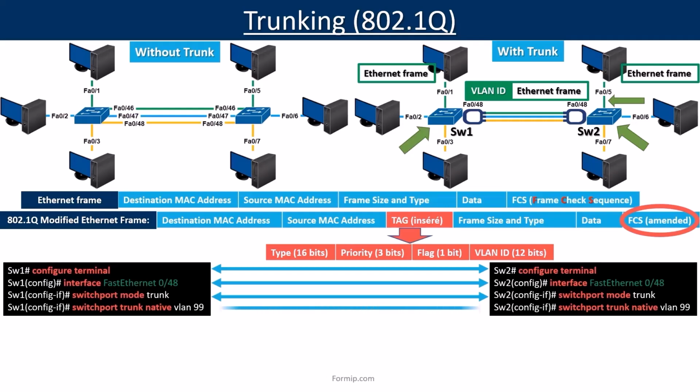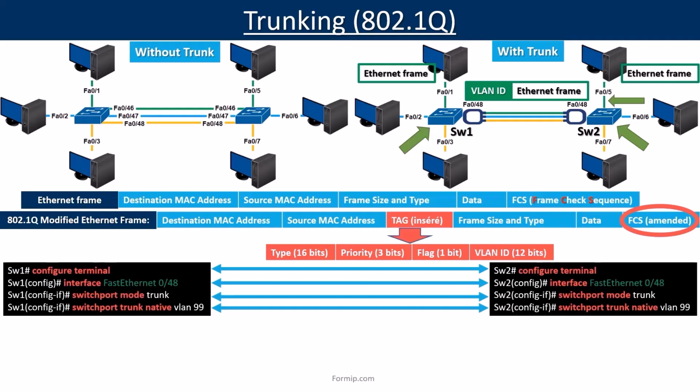The command you see just below is optional. It allows one to define the native VLAN as 99, because by default, on all switches, the native VLAN is 1. Some frames that circulate on a trunk are not tagged, so you have to put them somewhere.